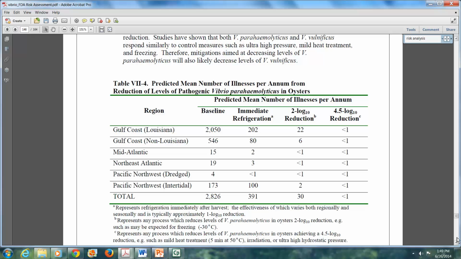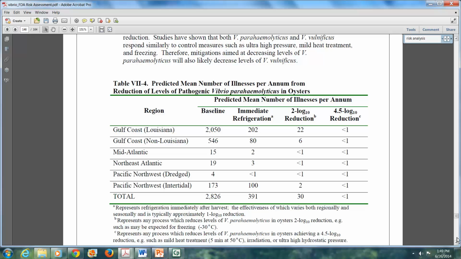The baseline is basically saying if the federal government does nothing about this problem of Vibrio in raw oysters, we can expect about 2,800 illnesses annually. If you require immediate refrigeration of the oysters upon harvest, that can be reduced from 2,800 to just about 400 illnesses. The 2-log reduction refers to a freezing option.